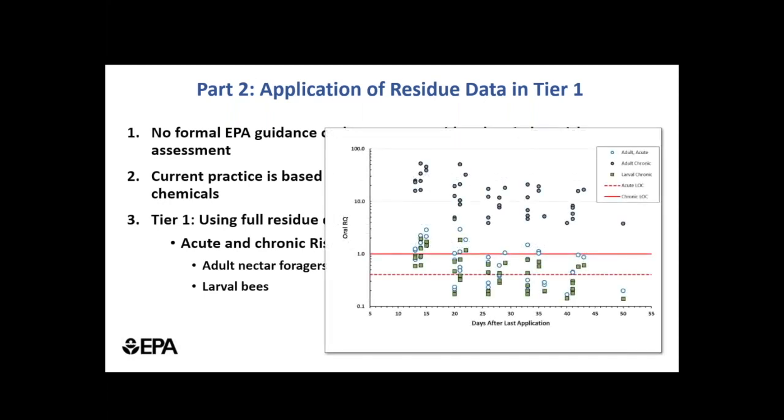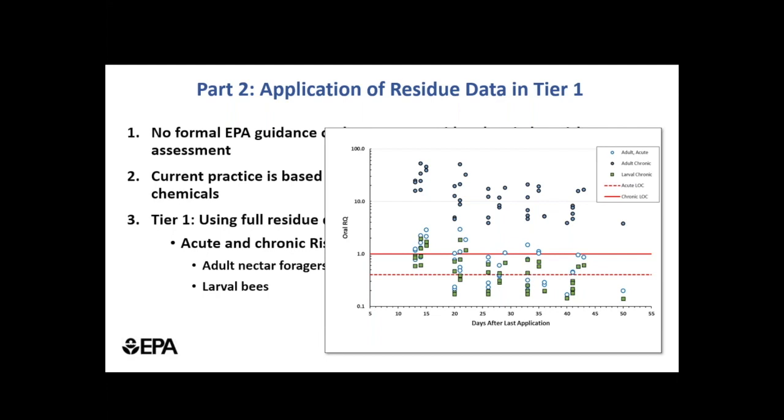And this plot shows the output from a BREX run using an entire data set of residue data. And on the y-axis is the oral risk quotient, or RQ, and on the x are the days after the last application. And the horizontal red lines represent our levels of concern at Tier 1.